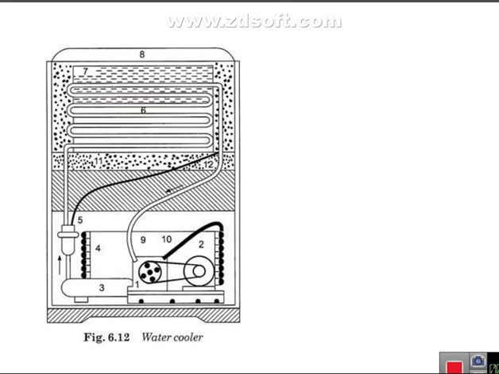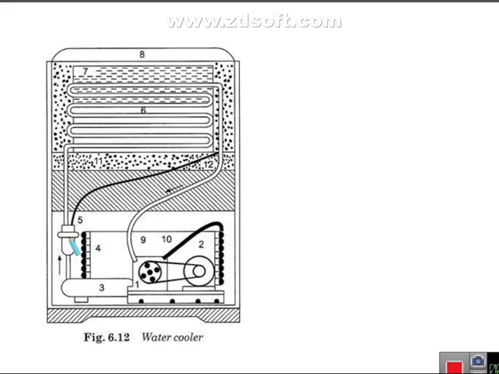It is a basic diagram of a water cooler that is operated by a compressor. Here we can see a compressor with a motor mounted. The valves are provided. The pipes, the receiver and collector, are both provided.